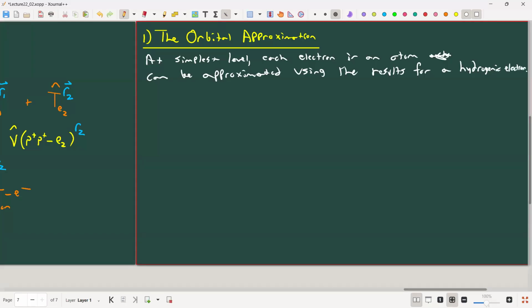So each electron, I can just assume they look like hydrogenic electrons.